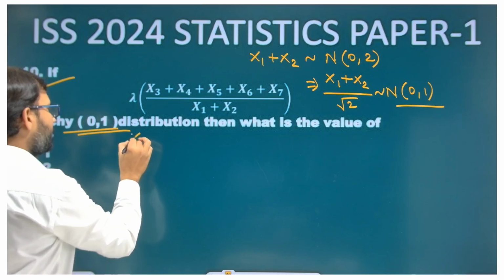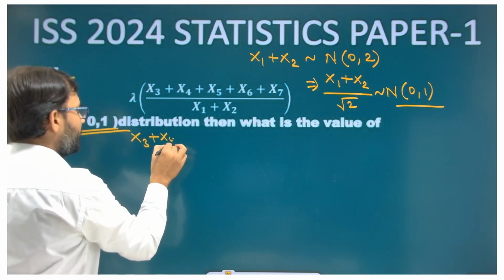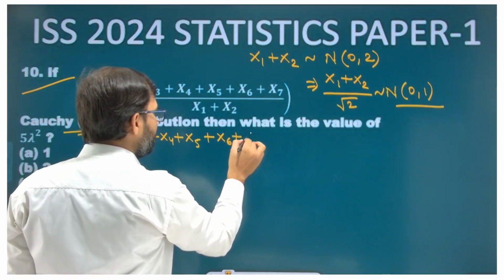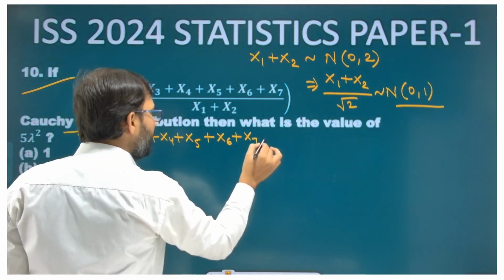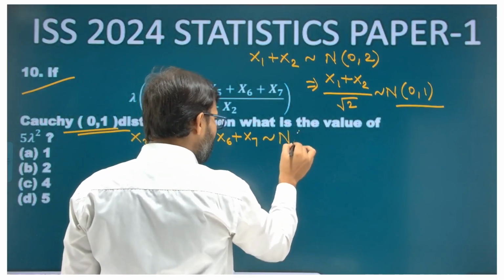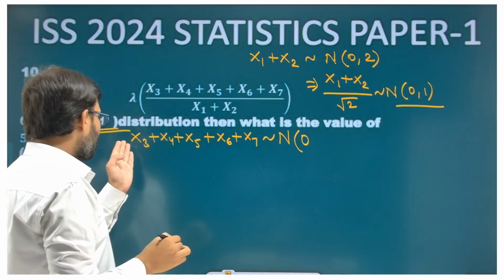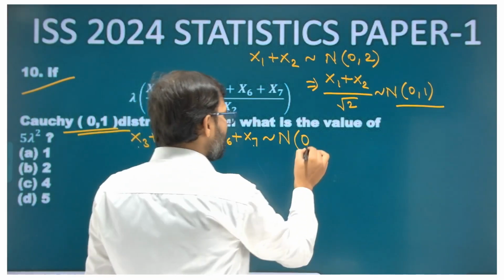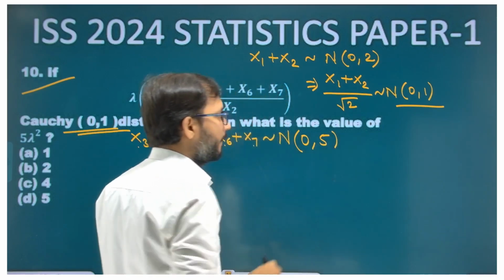Now x3 plus x4 plus x5 plus x6 plus x7 will follow normal. Mean will be 0, obviously. Variance will be 1, 2, 3, 4, 5, because 1, 1, 1 is there, so comma 5. Got the point?